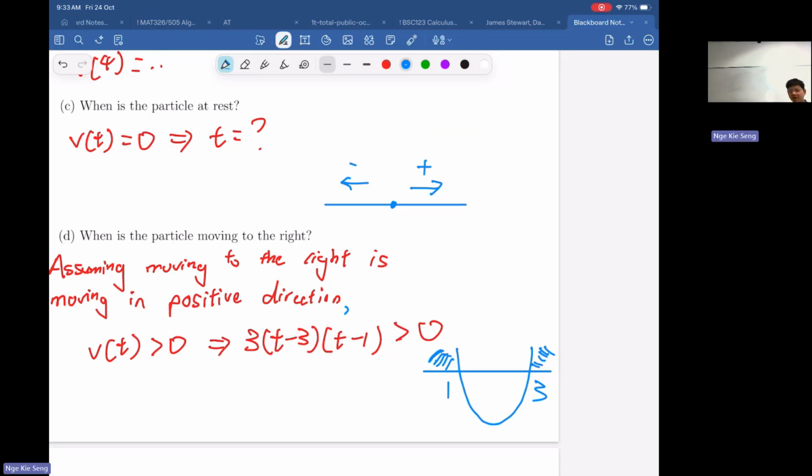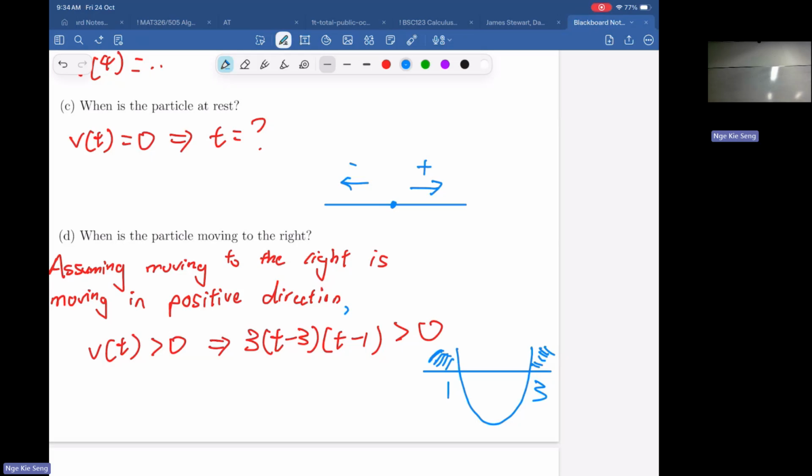If you are not sure, you can just put numbers in. Basically, this quadratic splits the number line into 3 regions, so you test your numbers. For example, for t less than 1, maybe you can take 0. You put 0 in here, then negative times negative cancels, you get positive. How about t is 4? Then both factors are positive, so positive.